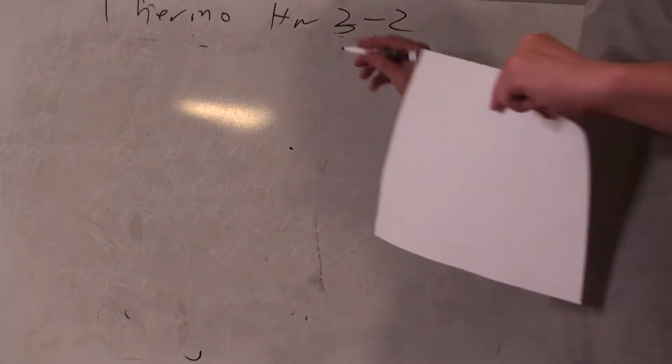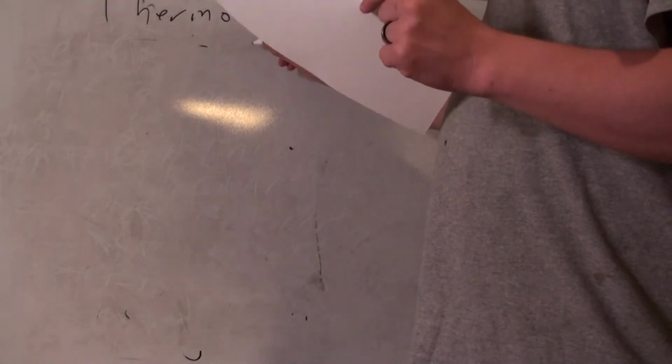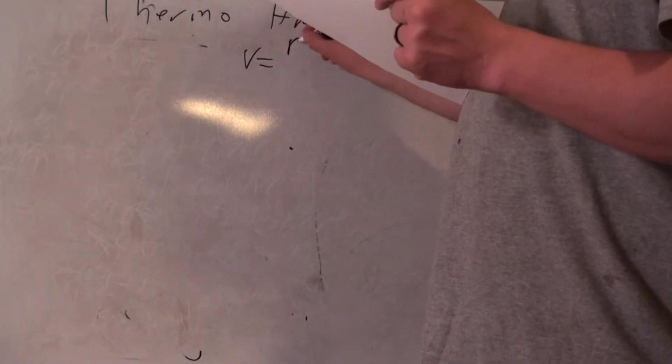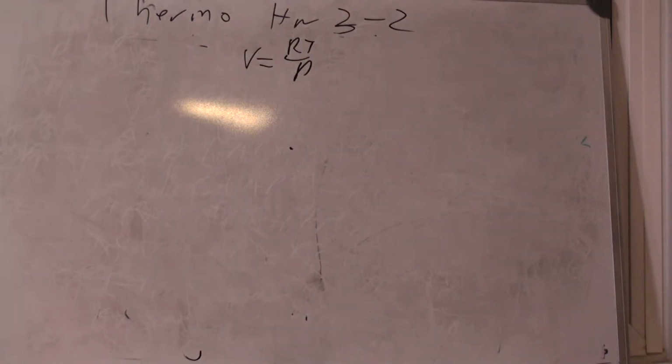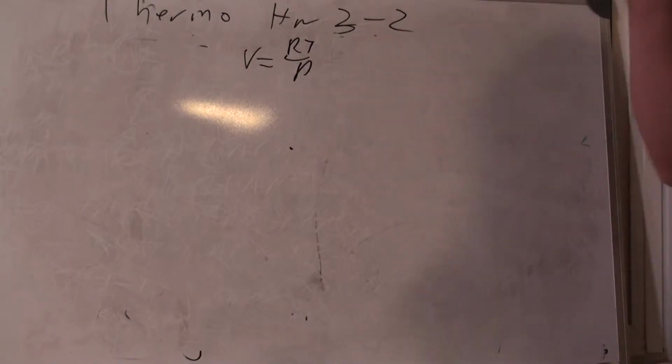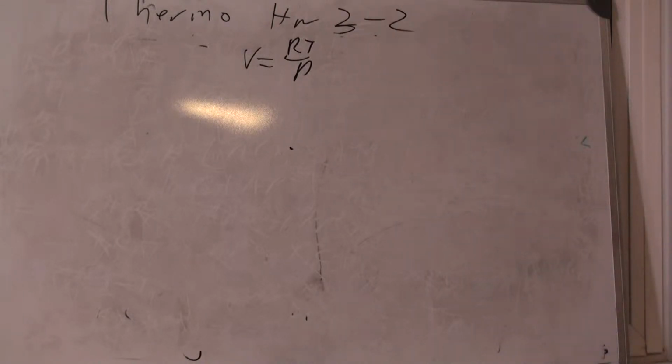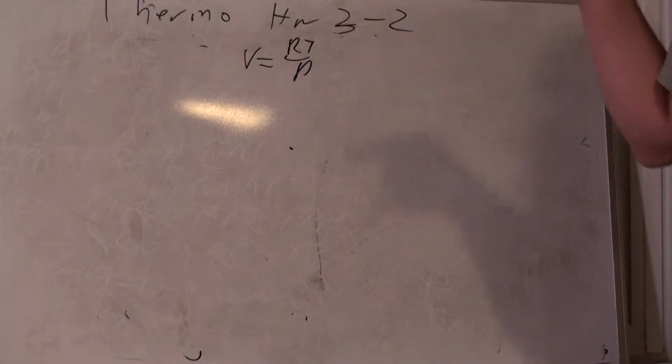So it's good practice in approaching the math. If I look at this, v is equal to RT over P. Straight up, no questions asked. We know that as fact for ideal gases, and it doesn't matter what's in there. Why doesn't it matter?